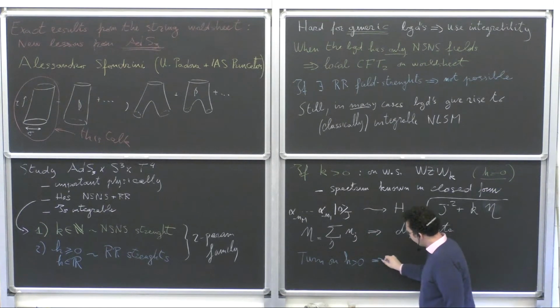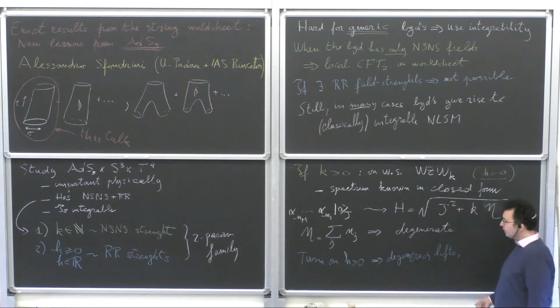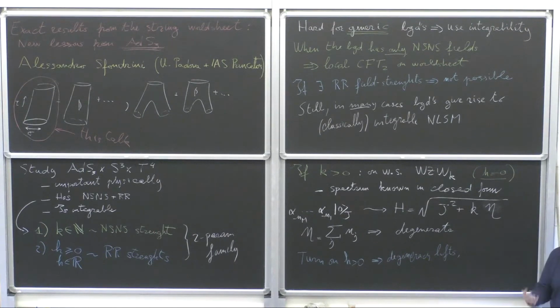And what you see is that the spectrum becomes very hard to compute, but it's immediate to see, at least even at first order, that the degeneracy lifts completely. And also the form of the spectrum becomes very complicated and very involved.